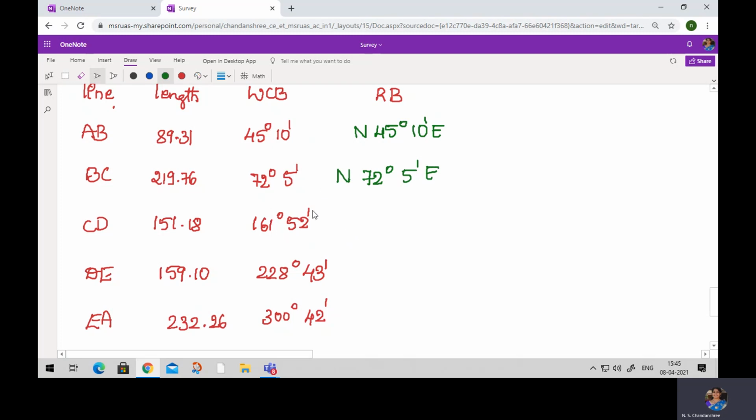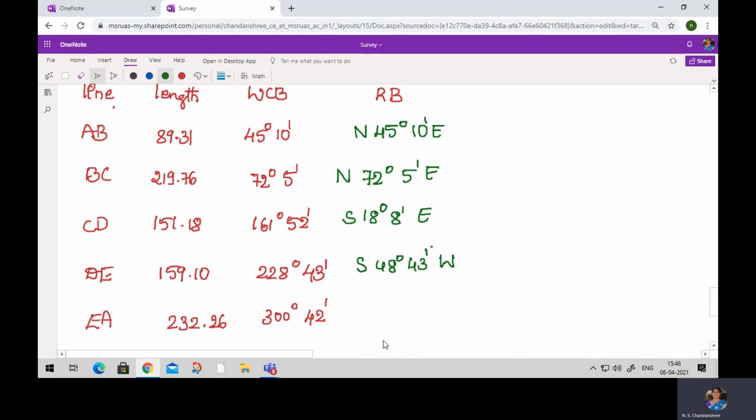This line, 161 degrees 52 minutes, is in the southeast quadrant, so when you compute, it is south 18 degrees 8 minutes east. Next line DE is in the southwest quadrant, so south 48 degrees 43 minutes west.